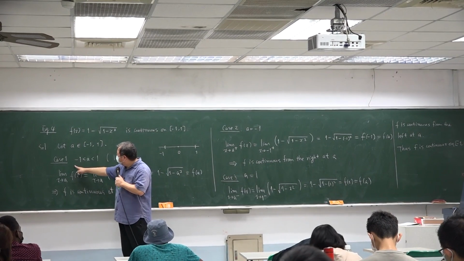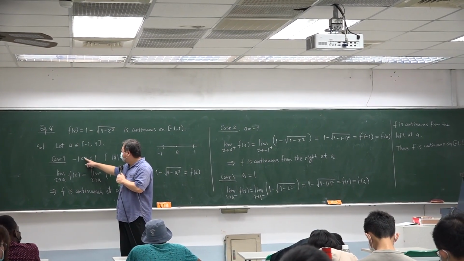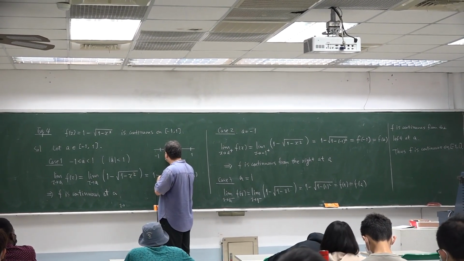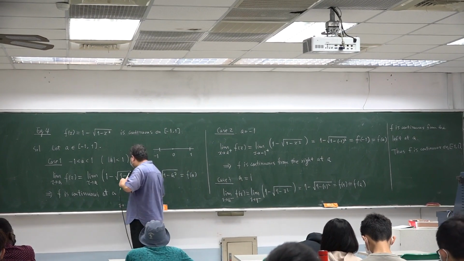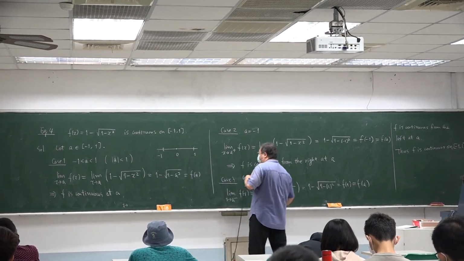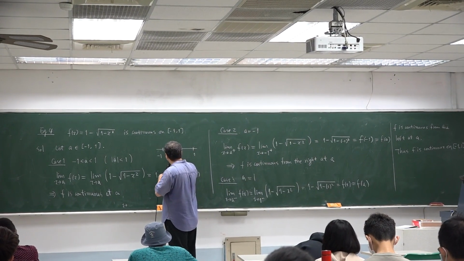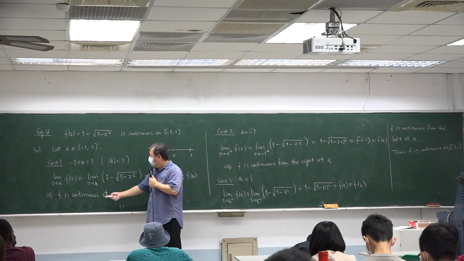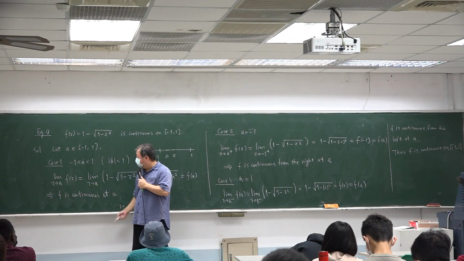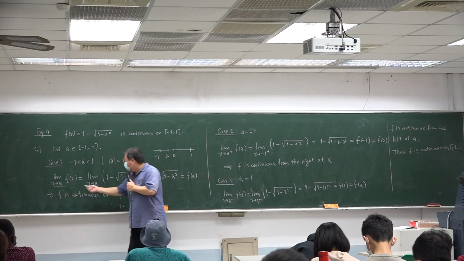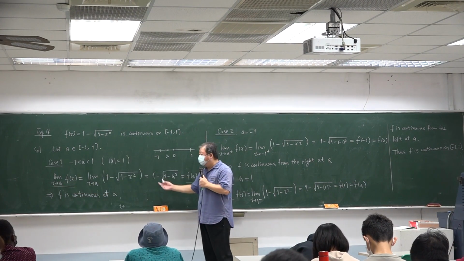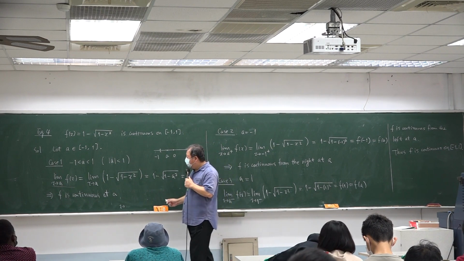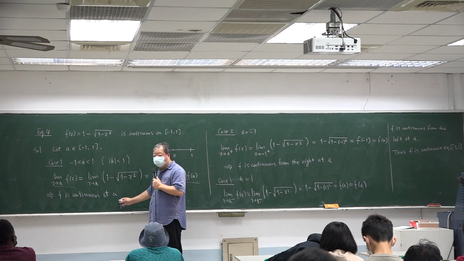For A interior to this interval, we have to consider both sides, the two-sided limit. Since this one equals this one, by the limit theorem we have learned before, this is exactly the definition of f being continuous at A.